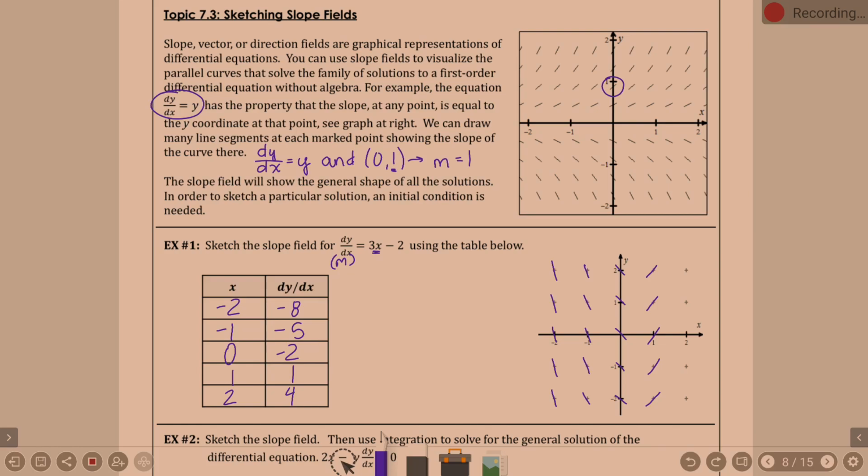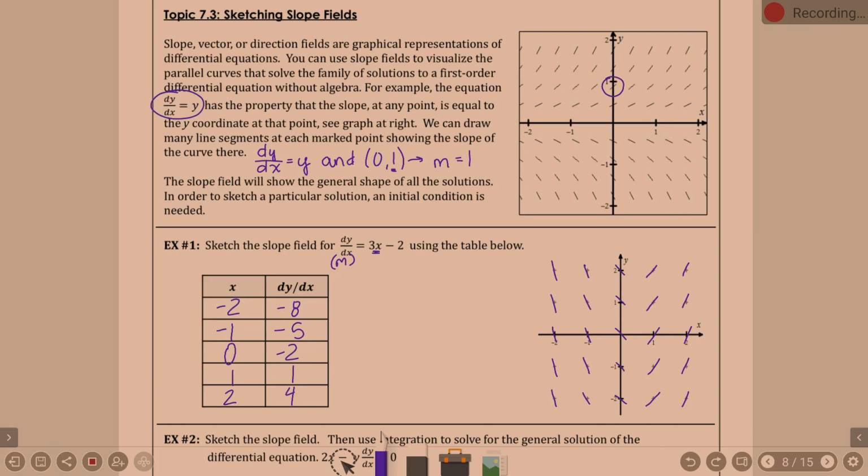And when x is 2, what do we know? It's 4, so we're going back steeper, but in a positive direction. I always think, oh, slope fields, this is easy, but it's hard trying to get them all the same.